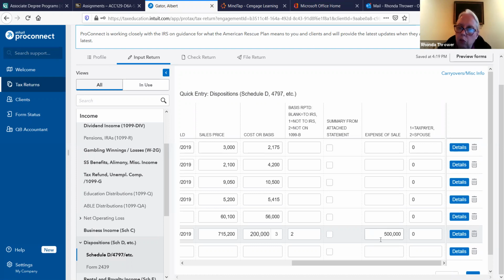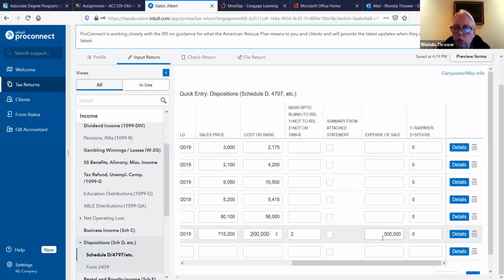So I just tried it here because I didn't see any place else to put it. And that's because I'm not real familiar with ProConnect, like y'all might not be. But this is where I chose to put it as an expense of the sale. It's not technically an expense of the sale, but if you leave this off, it's going to calculate the long-term capital gain at $515,200, and you're not taxed on all of that.